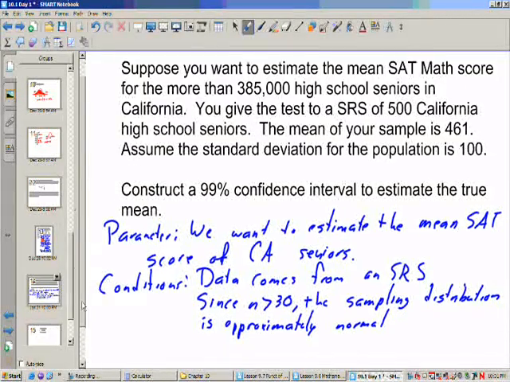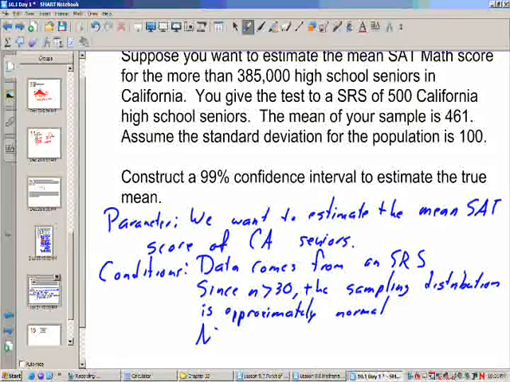And we want to check to see that N is greater than or equal to 10n.